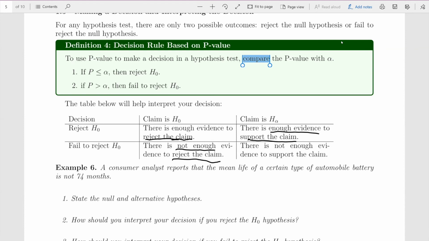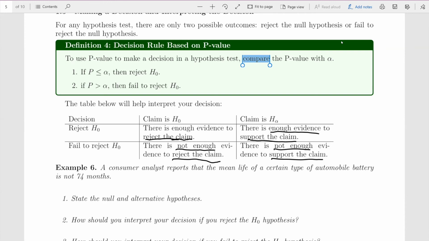If you do not support the alternative when the claim is in the alternative, that means you do not have enough evidence to support the claim. So this table here helps you to interpret the decision that you're making, again depending on whether the claim is in the null hypothesis or in the alternative hypothesis, right?